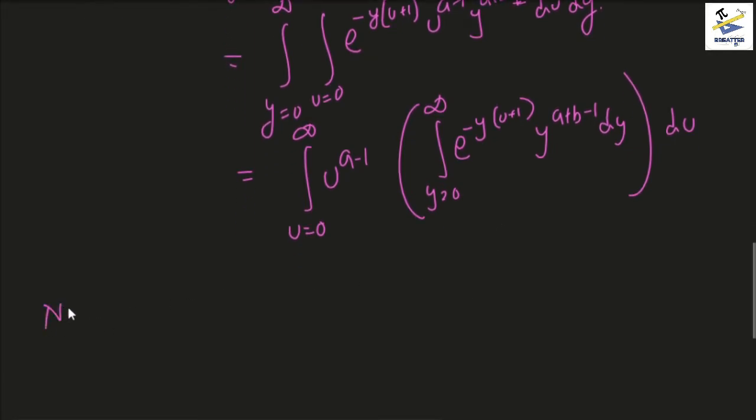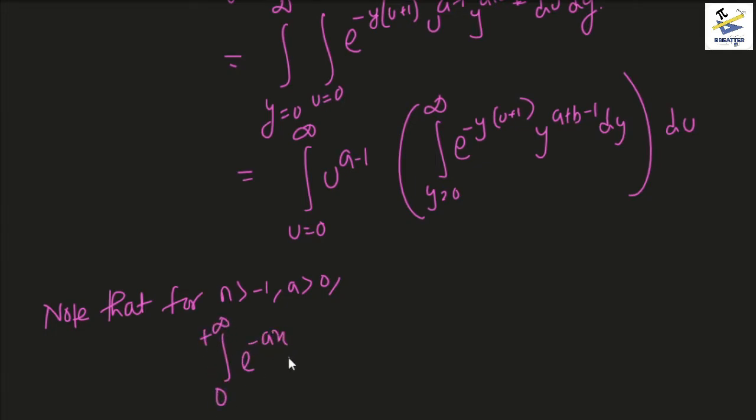Note that for n greater than minus 1 and a greater than 0, the integral from 0 to positive infinity of e to the power minus ax x to the power n dx basically was gamma of n plus 1 by a to the power n plus 1, right?